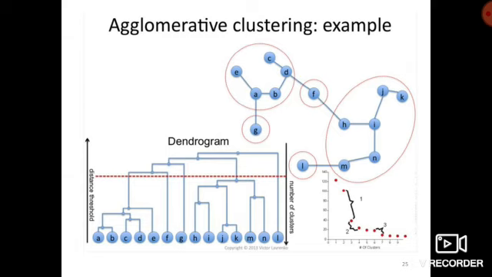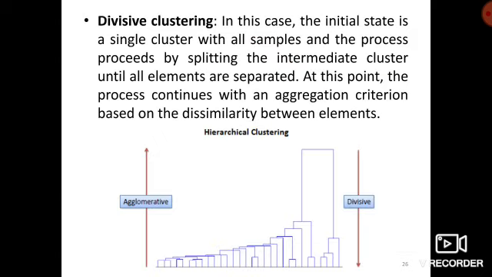Suppose you cut the diagram at a particular distance, you will get a number of clusters. Now look at the right side. If you set the threshold distance to 40, you will get clusters like this. If you set the distance threshold to 100, you will get clusters like this.